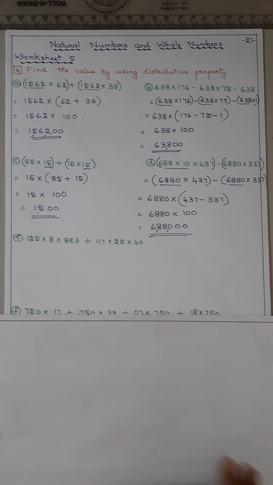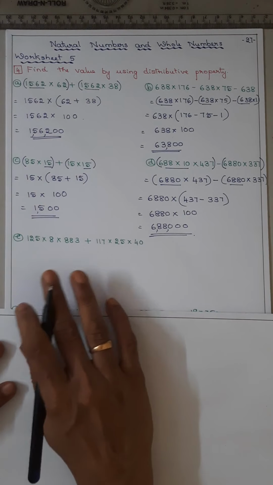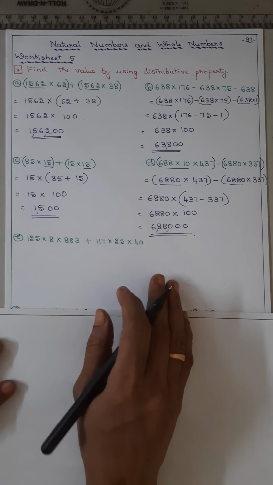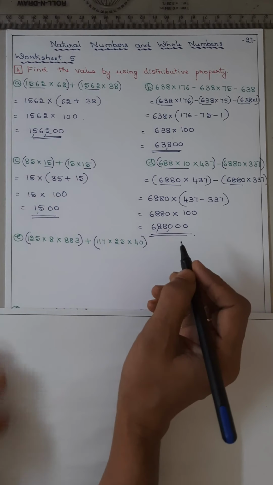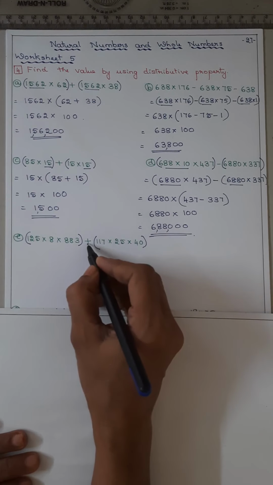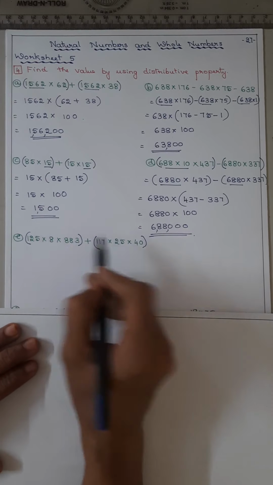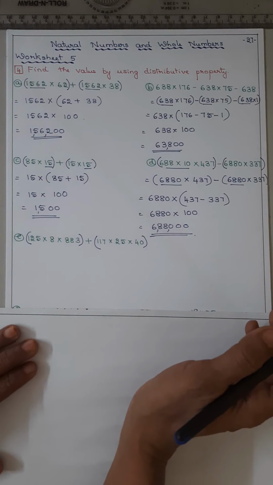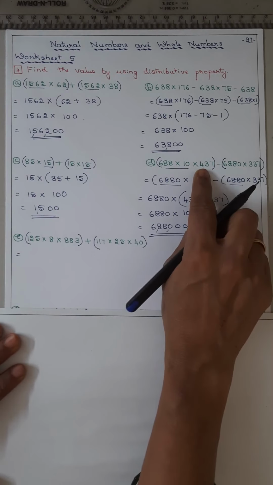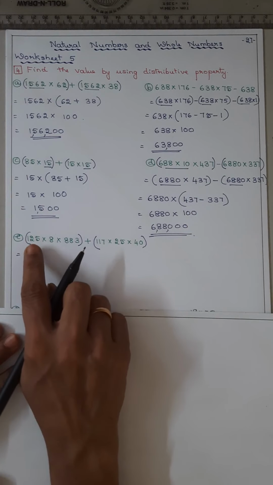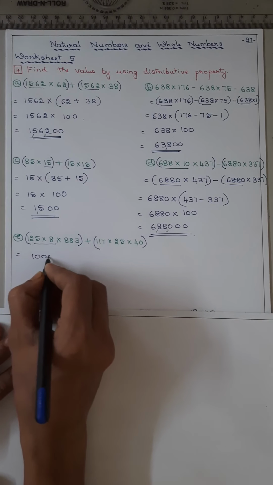Now coming to question number E. Here again there is no common number. So first put the bracket. ये ब्रैकेट कैसे डालने का है? प्लस माइनस रहेगा तो उसको छोड़कर जो ग्रुप में मल्टीप्लिकेशन वाला ग्रुप उसको एक साथ लिखने का है. अभी देखो इधर हम कैसे किए वैसे ही इधर भी देखो. 125 into 8 will be 1000.